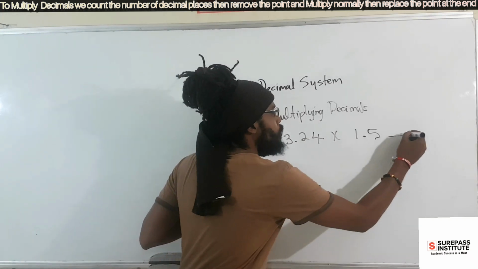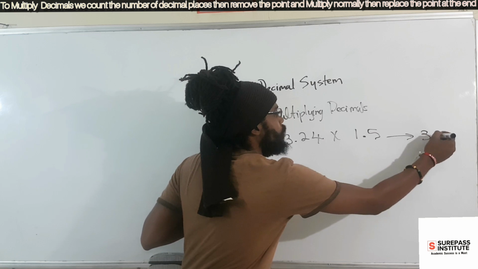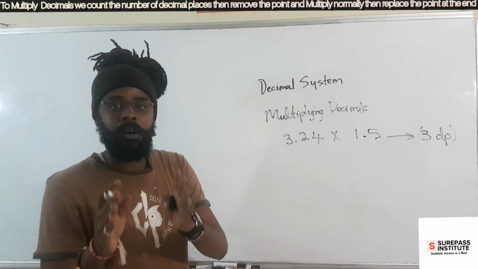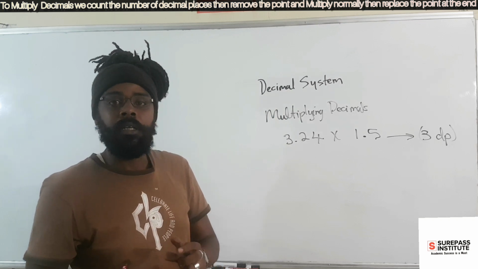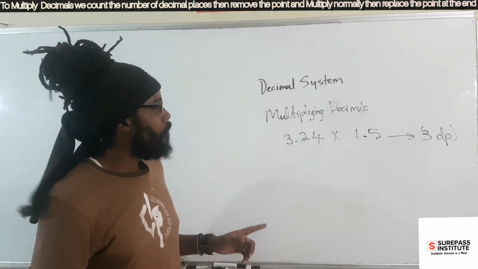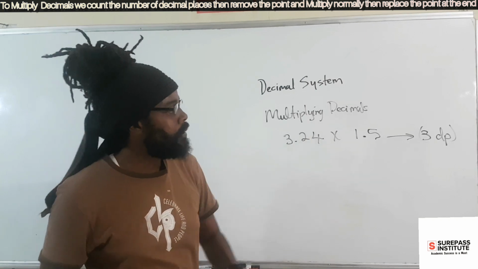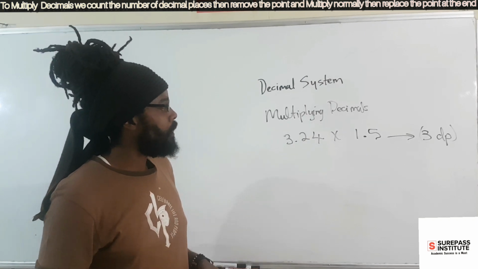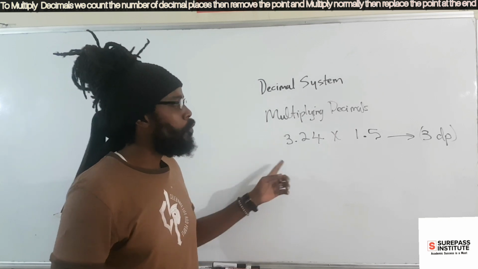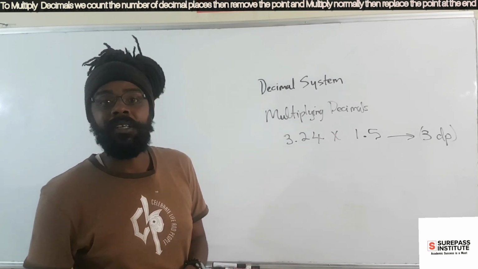So we count that and we put that to the side, 3dp, just as a little reminder, in brackets, to remind you that at the end of your multiplication, you need to write your answer to 3 decimal places. Now, the concept continues to explain that after you count the number of decimal places, you remove the decimal point and write the numbers normally.